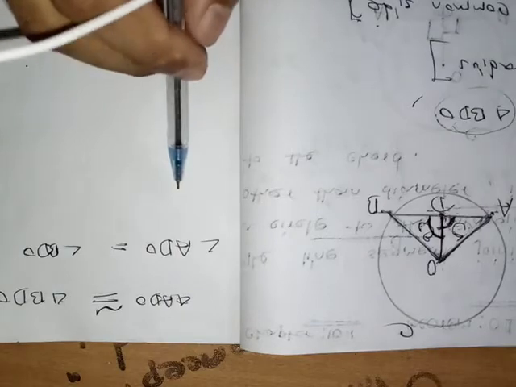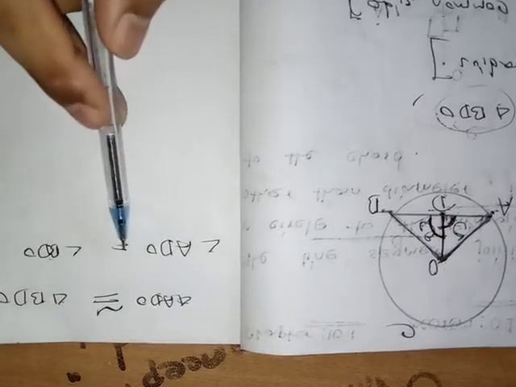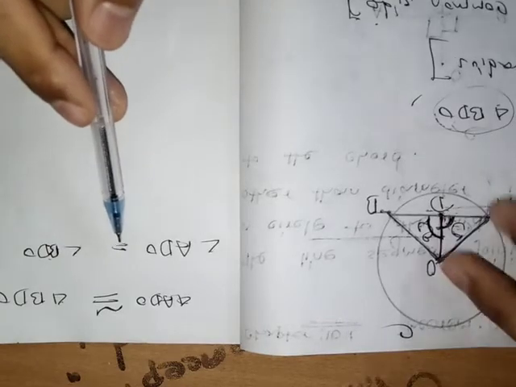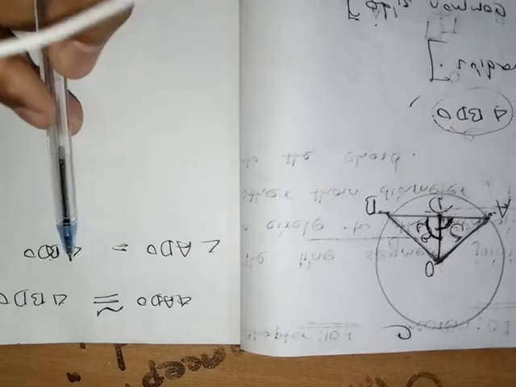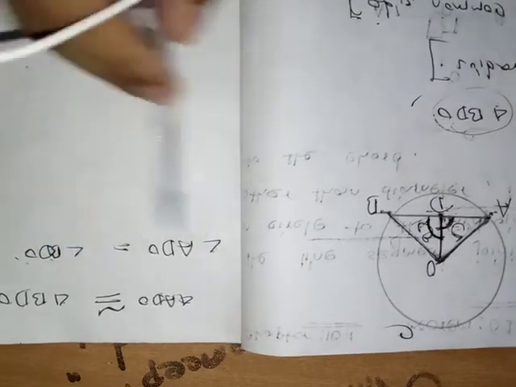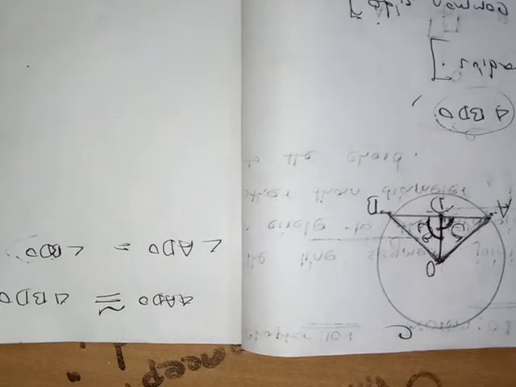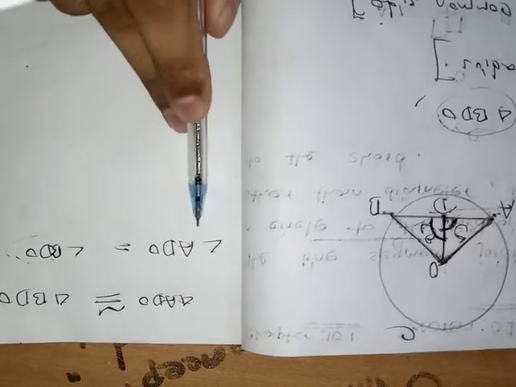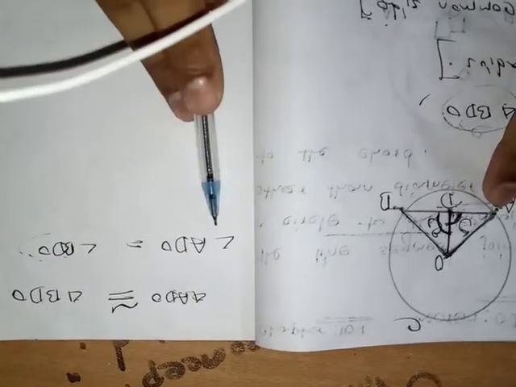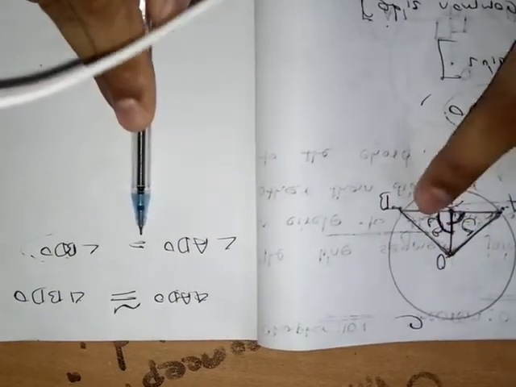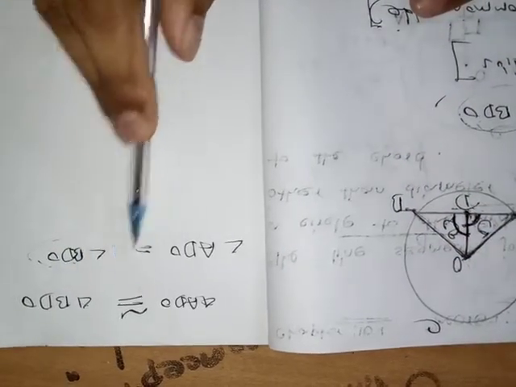We will only focus on these two angles, we don't need the other two angles, because in this theorem we only need these triangles. So we won't focus on other triangles. Angle ADO is equal to angle BDO, since these two triangles are congruent to each other.